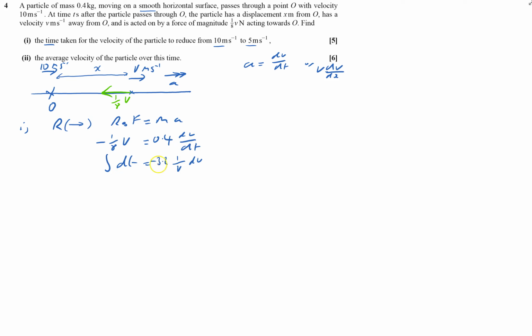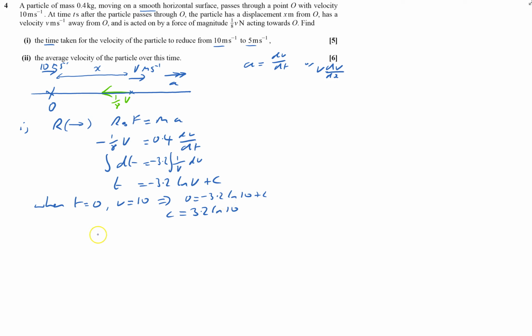Put the integral sign in, and that'll give me t equals minus 3.2 ln v, don't forget the plus c. When t equals 0, v equals 10, therefore we get 0 equals minus 3.2 ln 10 plus c, so c equals 3.2 ln 10.